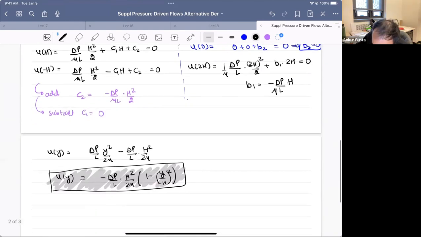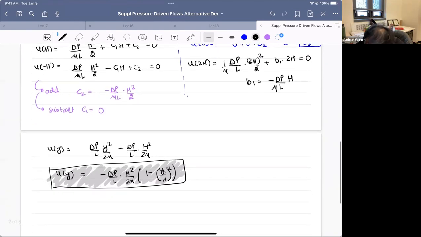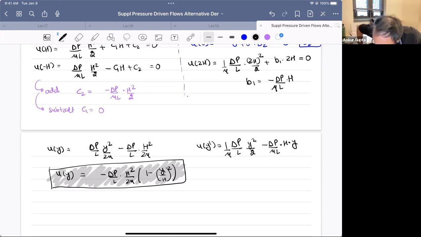So now u of y prime is delta p by L, 1 by mu, y square by 2, minus delta p by mu L into h times y, right? So that is what I'm seeing here.